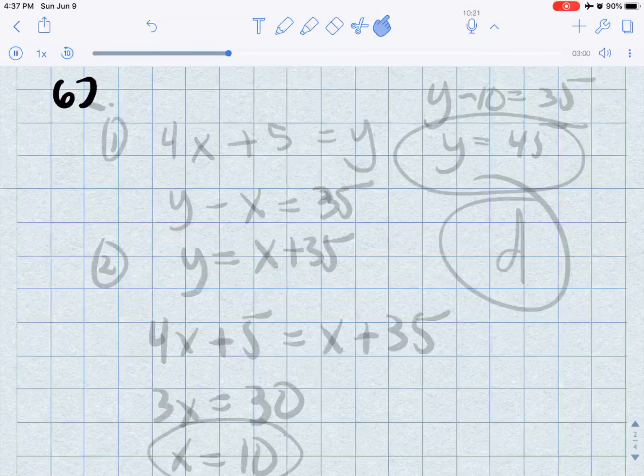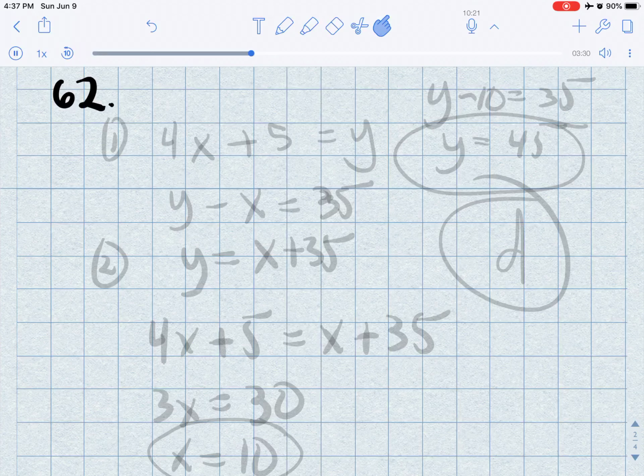62. One line segment is 5 centimeters more than 4 times the length of another. Their difference is, now the second sentence is the second equation, so we really should just focus on the first. But let's read the whole thing. One line segment is 5 centimeters more than 4 times the length of another. Their difference in lengths is 35 centimeters. How long are they? Okay, well, let's do the same thing again.